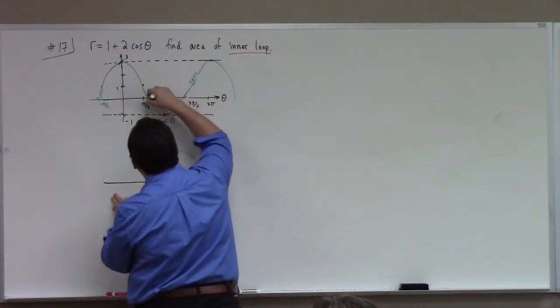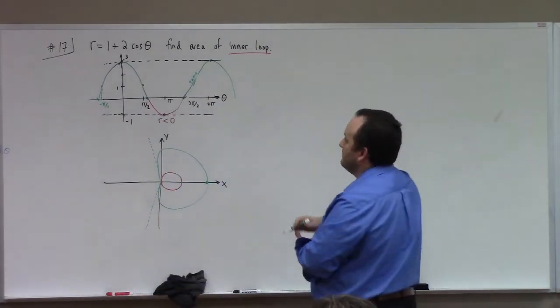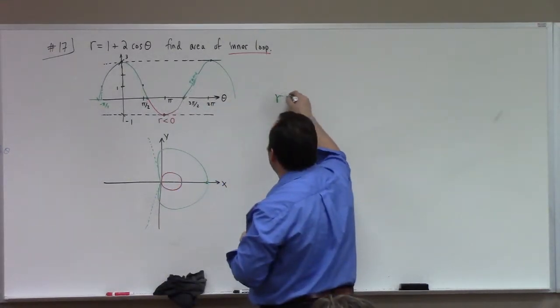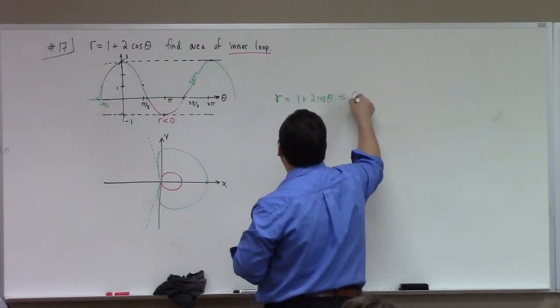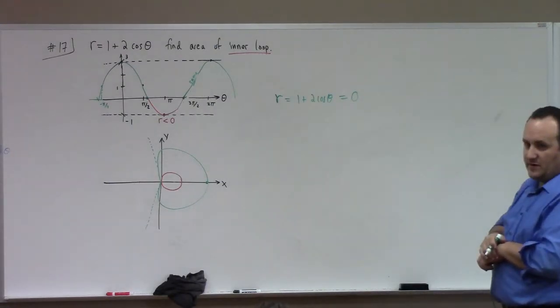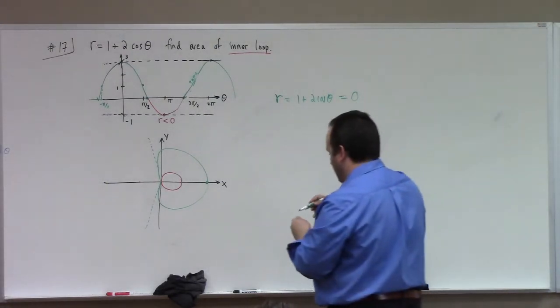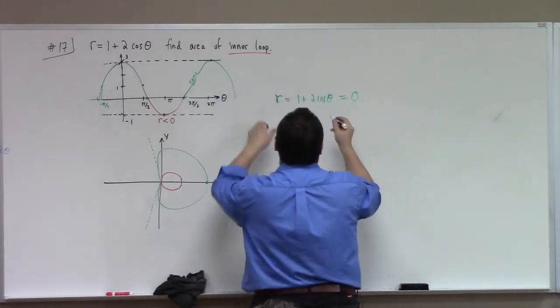Is my question. Set our equation equal to 0. Right. So we want to set r equal to 1 plus 2 cosine theta equals 0. There's more than one solution here, but the one we're looking for, of course, is the one that's around here, right?